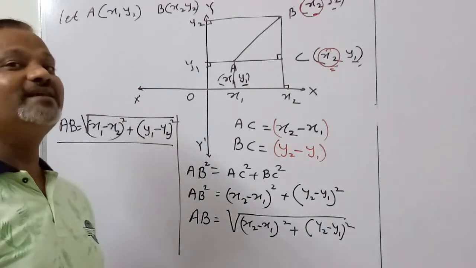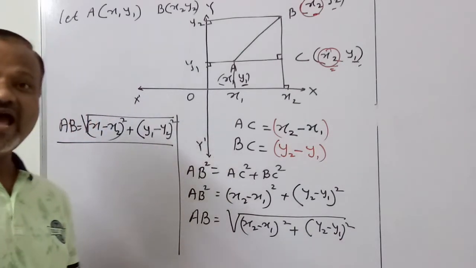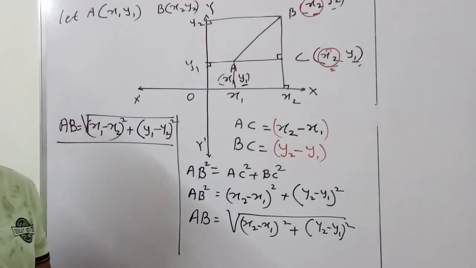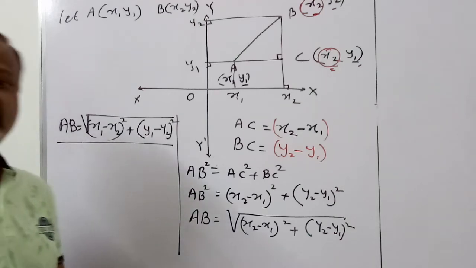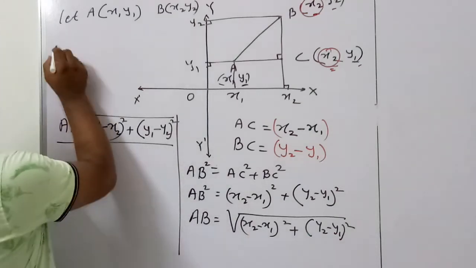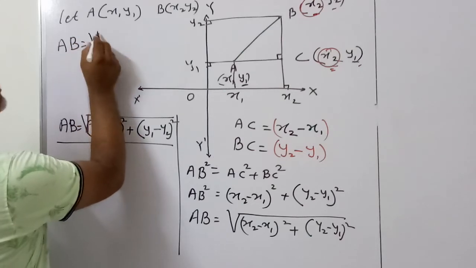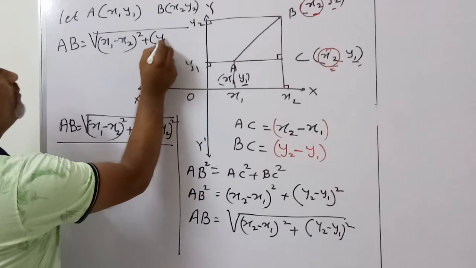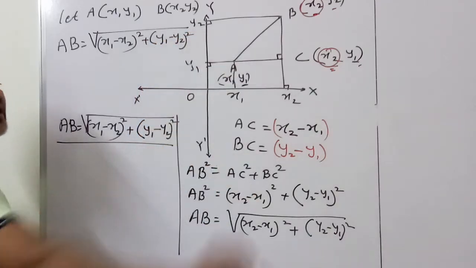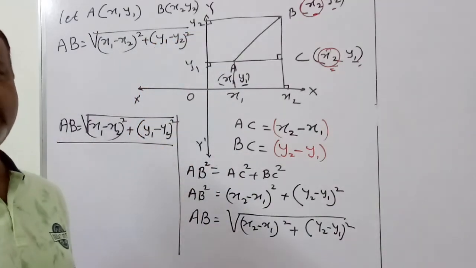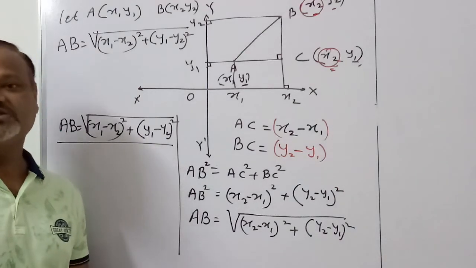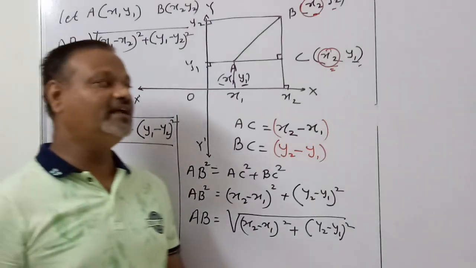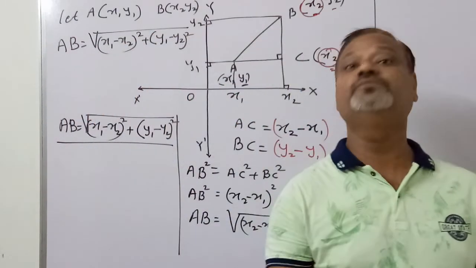Then the distance between AB is given by AB is equals to square root of x1 minus x2 whole square plus y1 minus y2 whole square. So by using this formula you can find the distance between any two points.